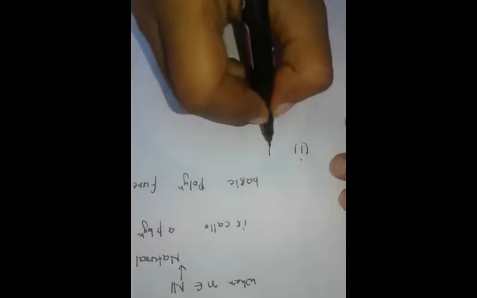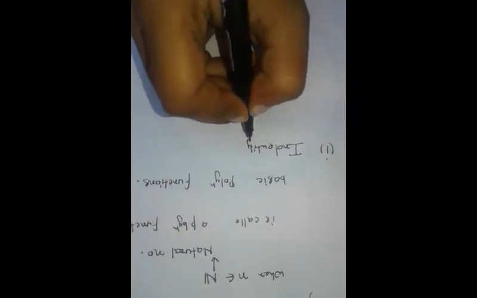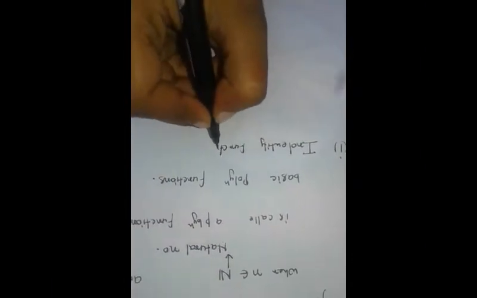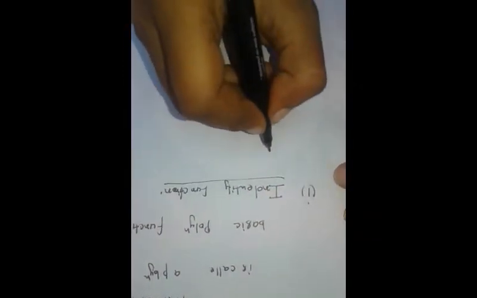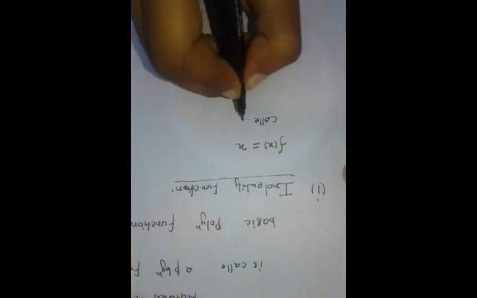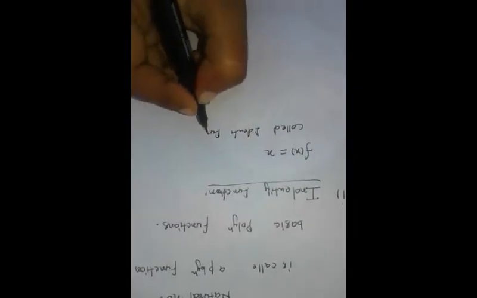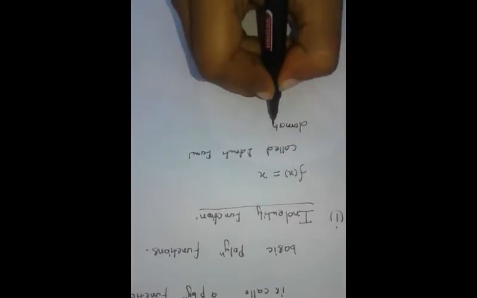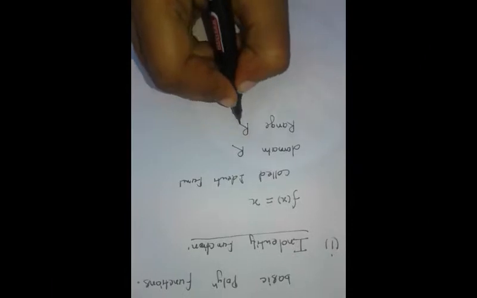First, the identity function. f(x) = x is called an identity function, where the domain of this function is the real numbers and the range is also the real numbers.